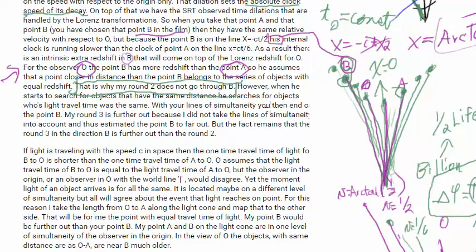Okay, then when observer O starts to search for objects that have the same distance, he searches for objects whose light travel time was the same. With your lines of simultaneity, if he started to search for objects whose light travel time was the same among these lines, guess what?